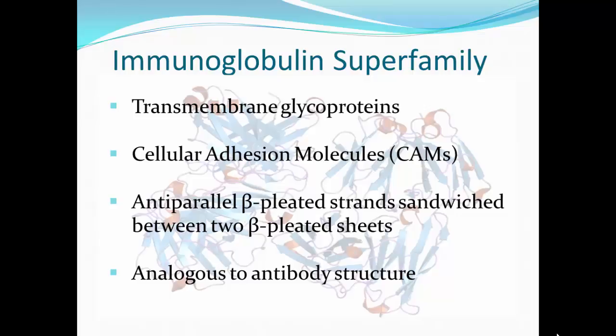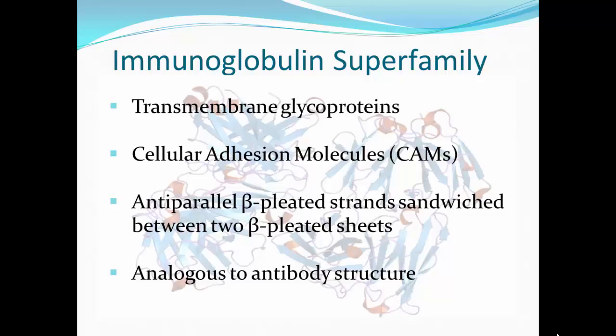So one edge of a protein will reach towards the intracellular space inside the cell, and the other side of the protein will extend out into the extracellular space on the other side of the membrane. So it kind of acts as a go-between through the plasma membrane. The word glycoprotein refers to a protein that is attached to a carbohydrate side chain.